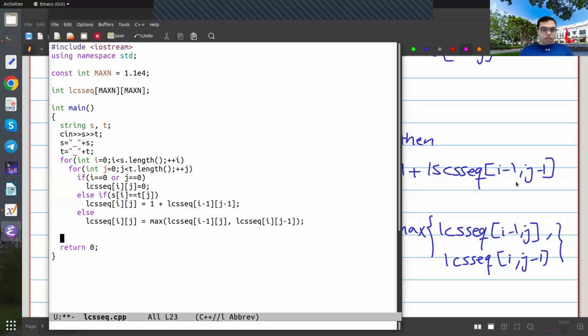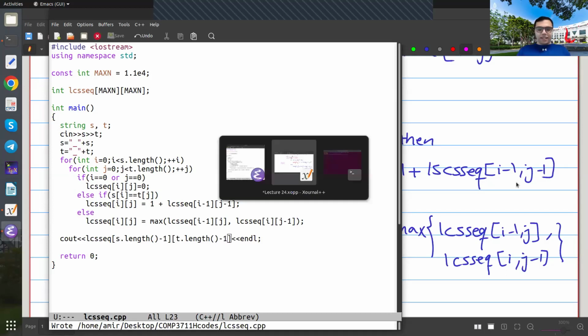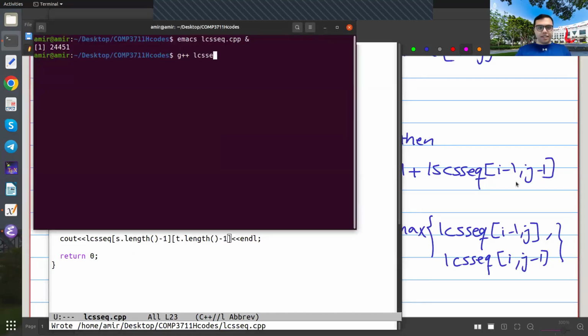So in the end, I would just write LCS_sec. So here's the thing. My original length was something, then I added 1 character, so it's now increased by 1. So it's like S.length minus 1, T.length minus 1. Let's see.